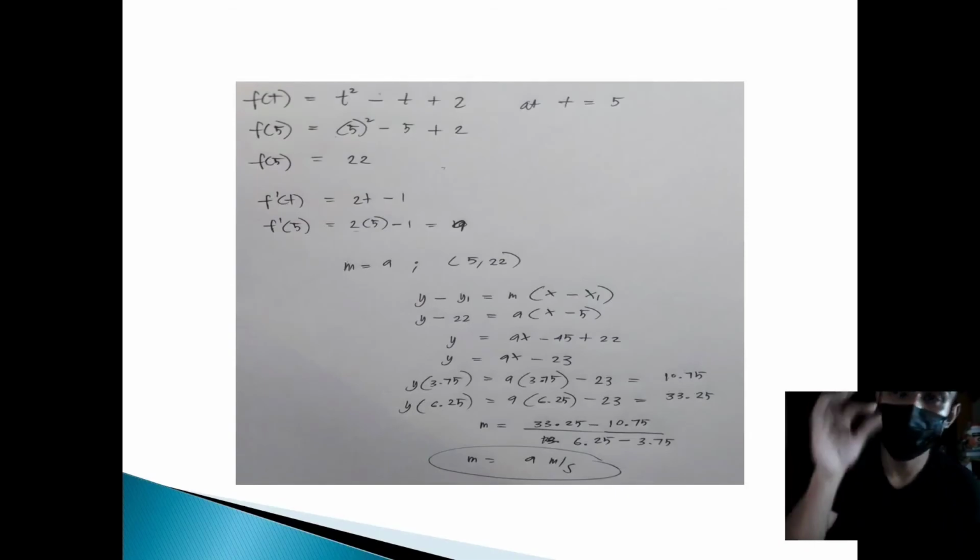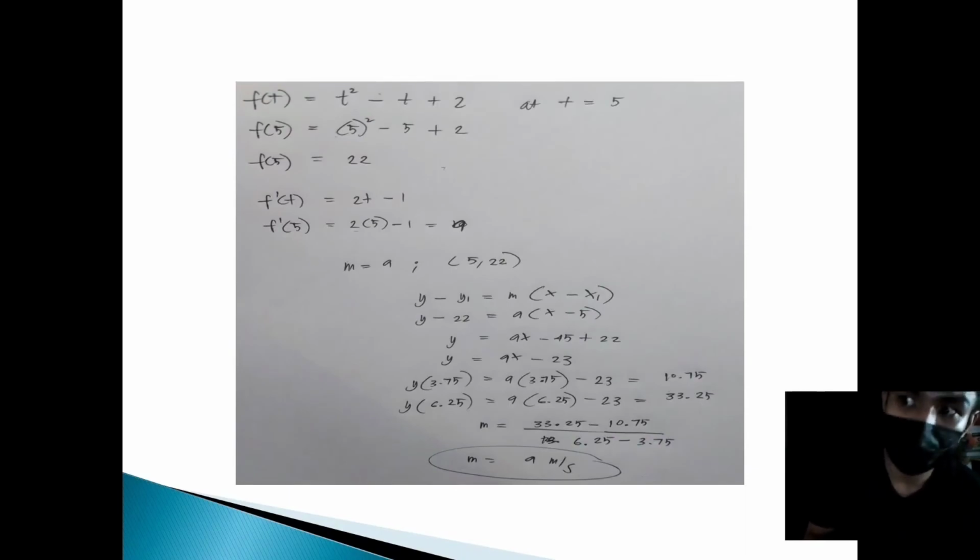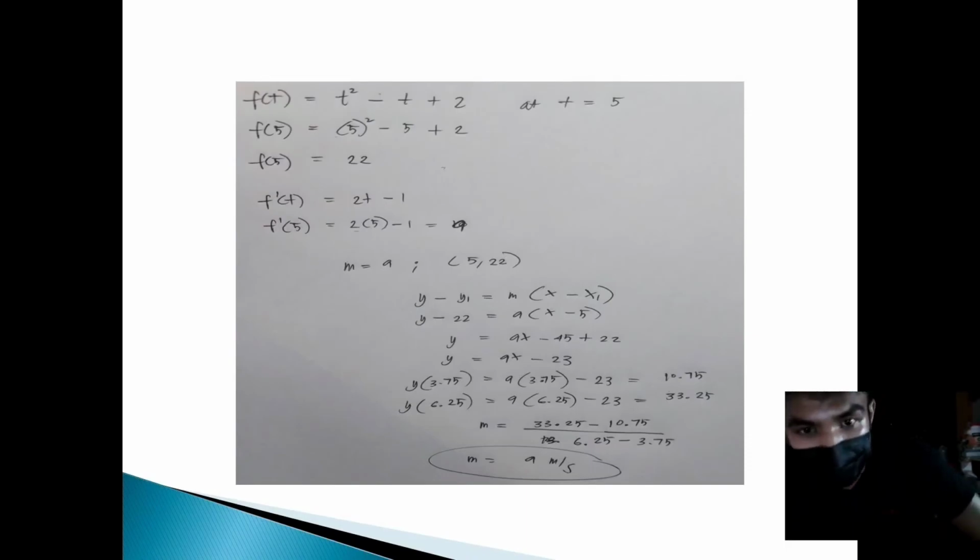Ang kanatong 22, we're going to balhin to the right side. If atong ibalhin, ang isang sign lahi. So we're going to get 9x minus 45 plus 22. So now y is equal to 9x, negative 45 plus 22, that is negative 23. So that is the equation of the tangent line that passes the parabola at one point at x is equal to 5.